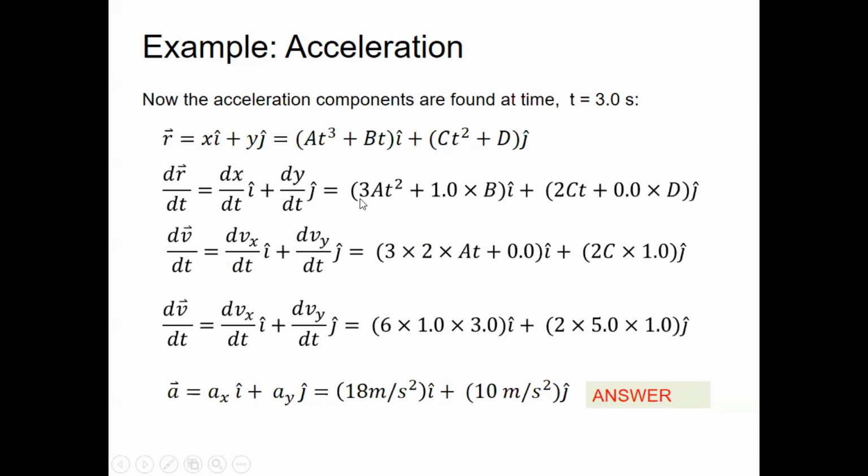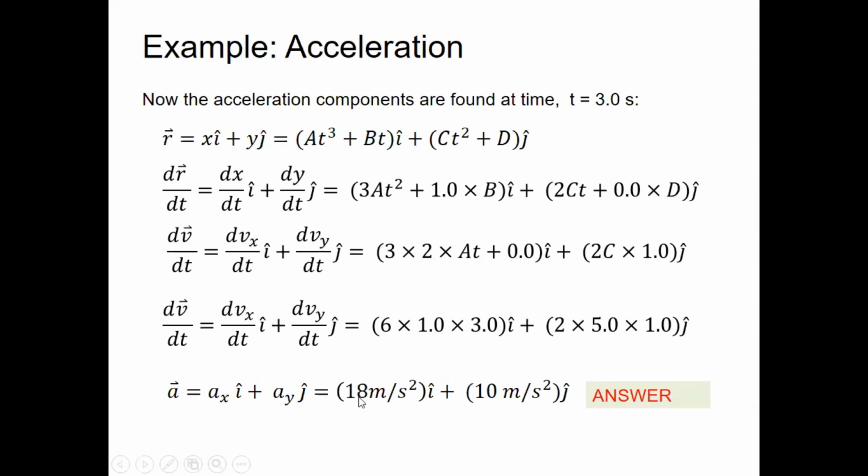Now I have this velocity vector, which is 3 times t square multiplied by a and 1 multiplied by b, and here in the y direction we have 2 times c into t plus 0 times d, and then I take the derivative again. The t square derivative is 2 times t and the constant derivative is 0. The derivative of t is 1 and therefore it is equal to 2 into c into 1. So I simplify this first and then substitute the value of t as 3 seconds after taking the derivative.